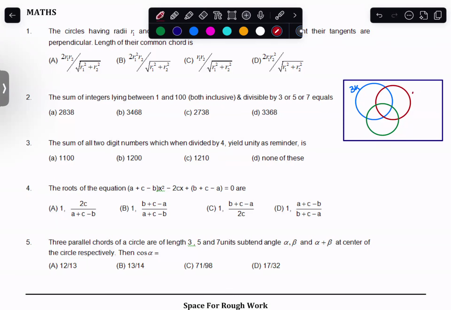Then this one is 5K and the last one is 7K, and you have been asked about the cardinality of the union. Rest you can recall how to go for this question: adding the individual cardinalities, subtracting the cardinalities of the common parts, and then adding back the cardinality of the common part of all three.